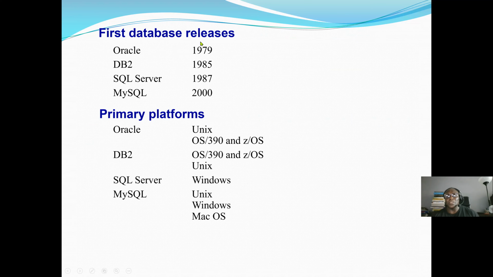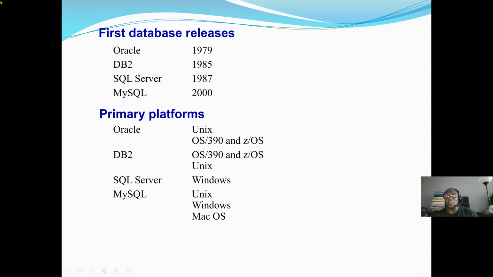Our first database release was Oracle in 1979. When we say a database, we mean the relational database release. Before 1979, files were normally stored like text files, not in a relational database system. We still had a storage system, but it was not a relational database.